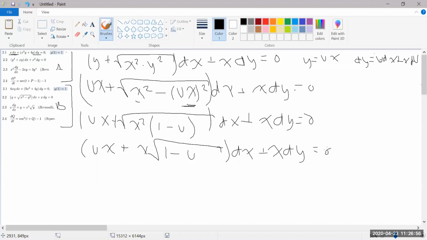Okay. Now we can factor an x out of here. So we have x times u plus square root of 1 minus u dx plus x dy equals 0.